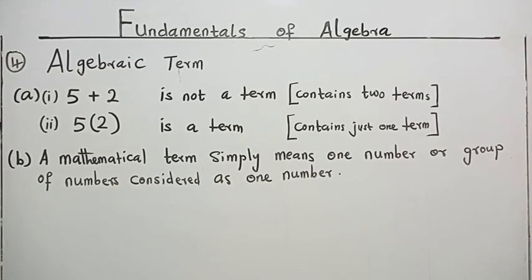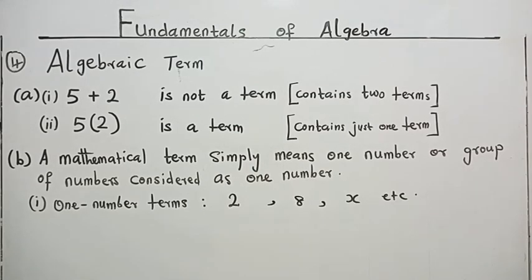Let me write some few examples of mathematical expressions that stand as one number, either constants or variables. See some examples of one number terms. 2 is one number, so 2 is a term.